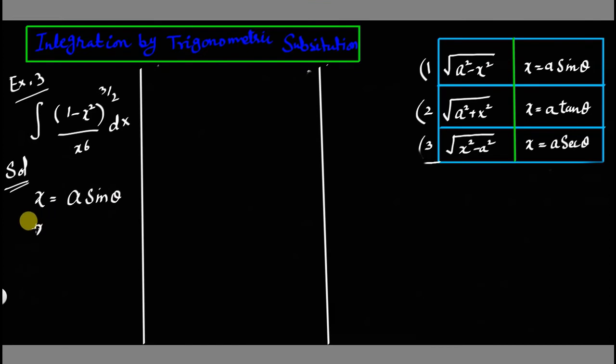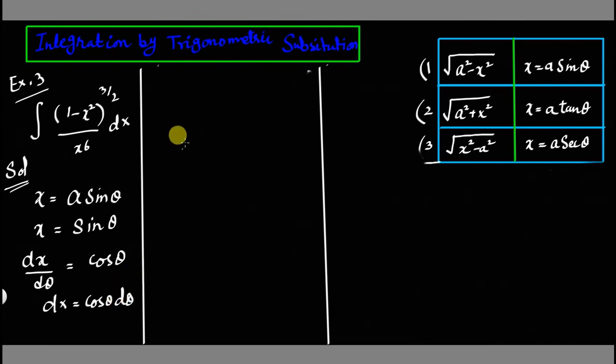Here a is 1, so we have x is equal to sin theta. After differentiating with respect to theta, we will get cos theta, so dx will be cos theta d theta.